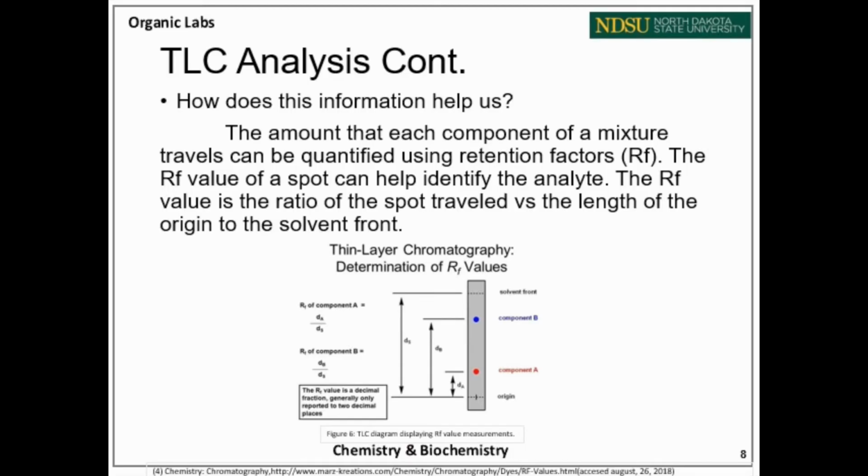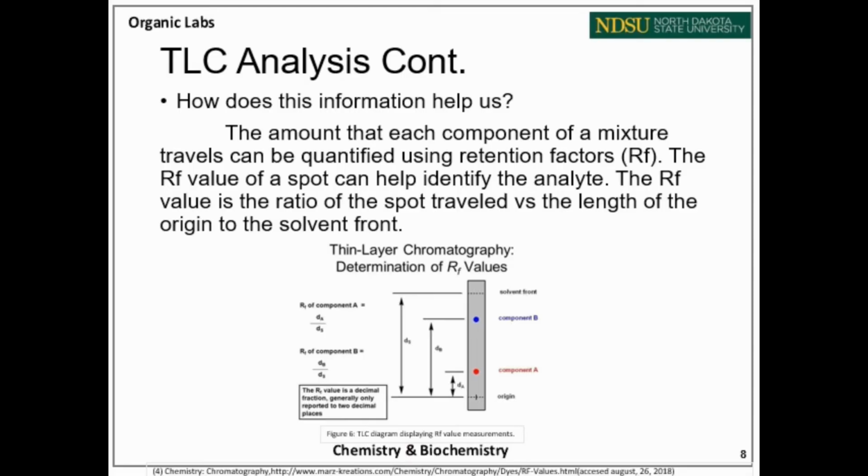The amount that each component of a mixture travels up the TLC slide can be quantified using retention factors, or RF for short. The RF value of a spot can help us identify these unknown analytes. The RF value is the ratio of the distance a spot traveled versus the length from the origin to the solvent front.